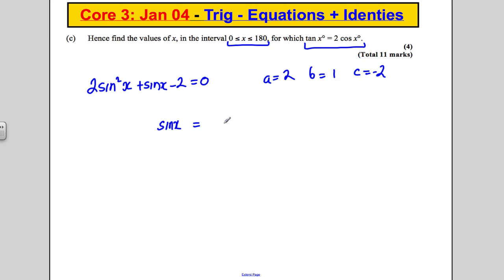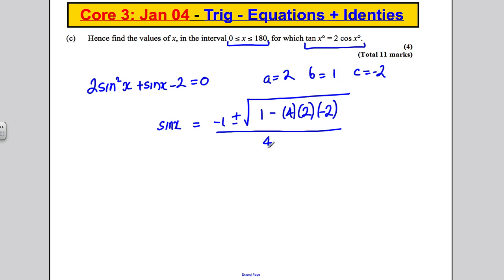So sin x is negative b plus or minus the square root of b squared, which is 1, subtract 4 times 2 times negative 2, all divided by 2 times 2. So sin x is negative 1 plus or minus the square root of 17, if you work it out, over 4.